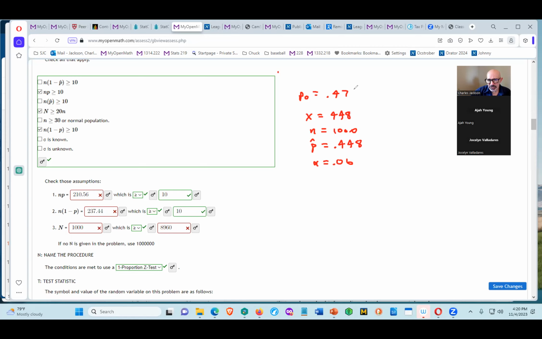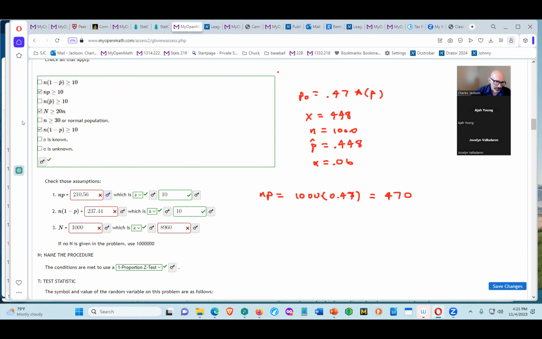So this thing up here is p, and np is 1,000 times 0.47, which is 470. Okay, which is greater than or equal to 10. Okay, makes sense on that one, Aja?